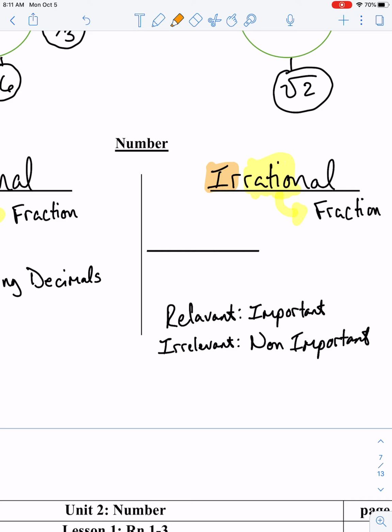Okay, so the root IR just means non or not. This helps me remember irrational numbers, or just any numbers that cannot be written as fractions.